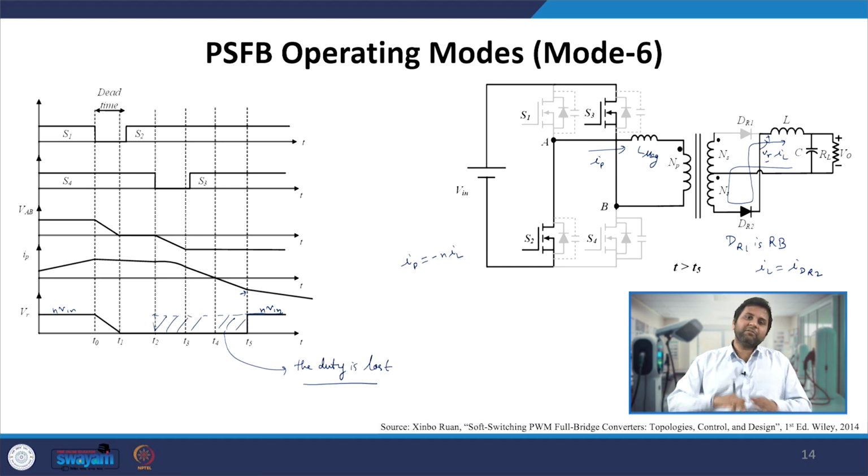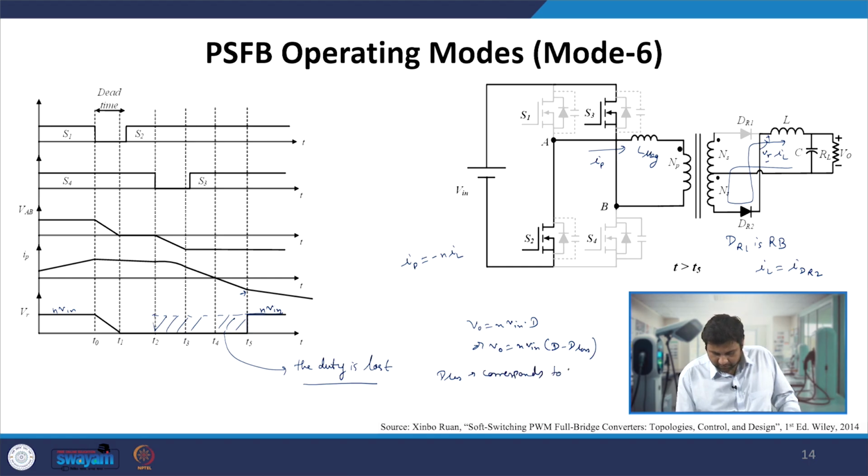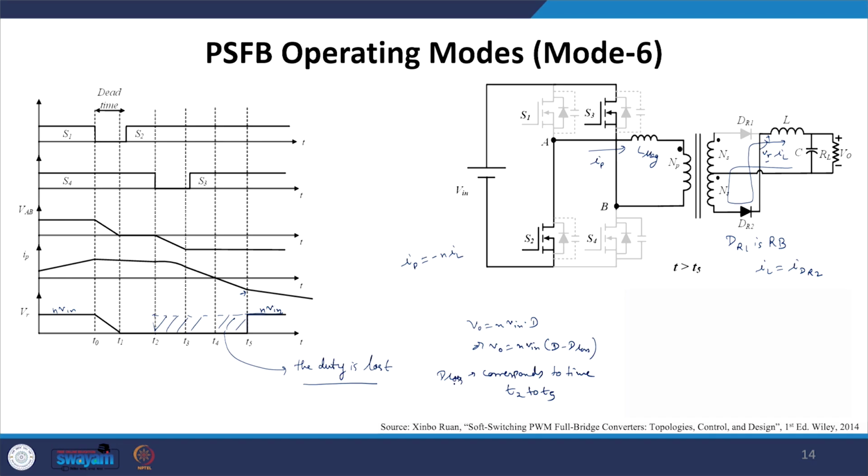That means whatever output voltage we were assuming, which was V0 equal to N Vin times D, will now be V0 equal to N Vin times (D minus D loss), where D loss corresponds to the time T2 to T5, which is nothing but the summation of T23 plus T34 plus T45. So this is the disadvantage with this.